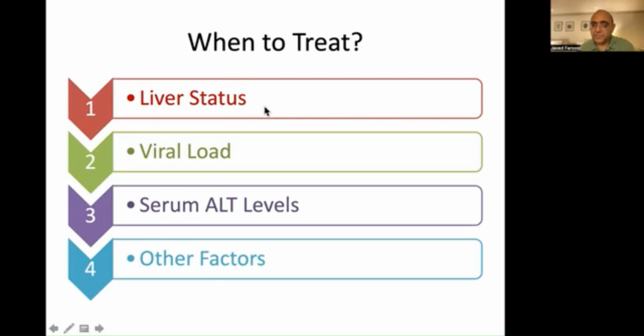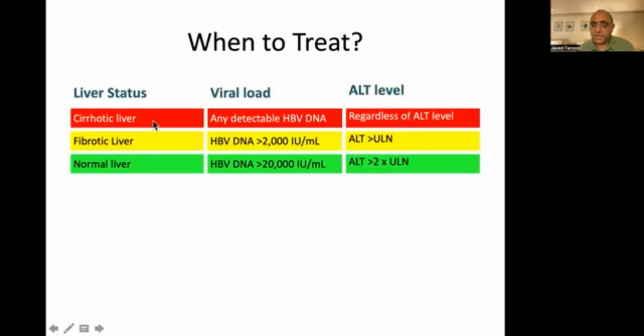Then we did come to know that the algorithm of starting any patient on antiviral treatment or not is that in the first step, we evaluate the liver status, then we see the viral load. In the third step, we evaluate the ALT levels, and in the fourth step, we look for the other factors.